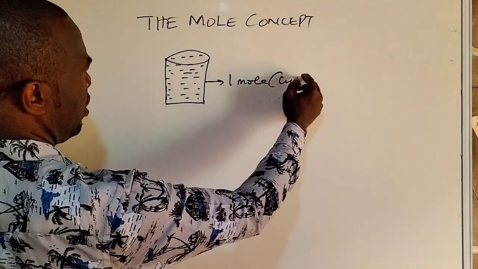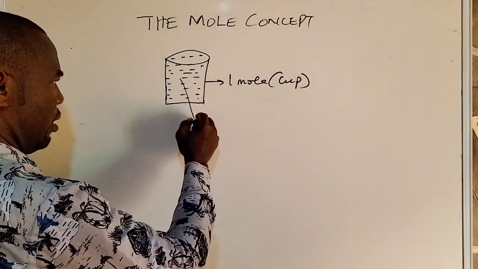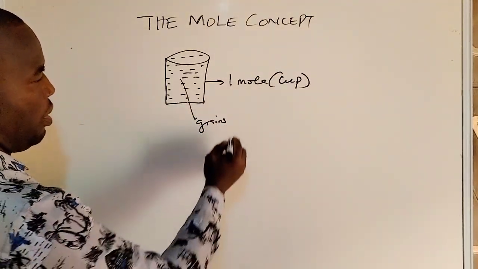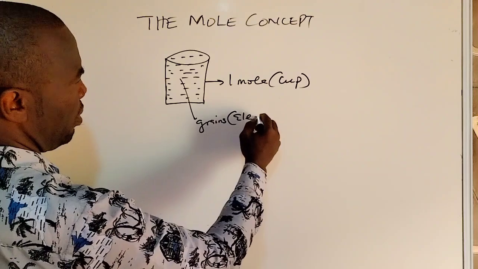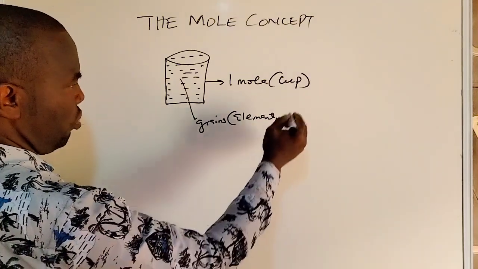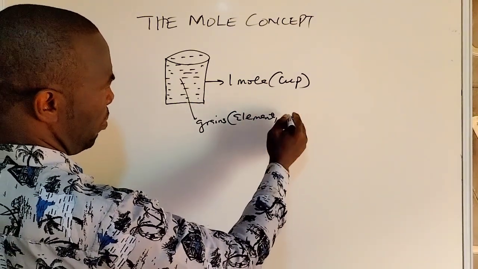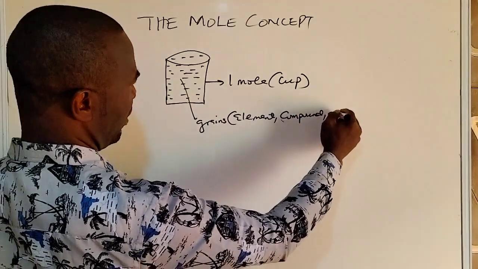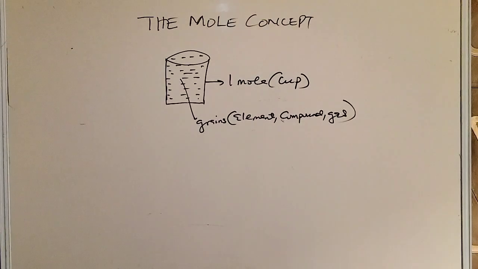And let the grains of rice be taken as a chemical substance. Perhaps the grains could be an element, a compound, or a gas.